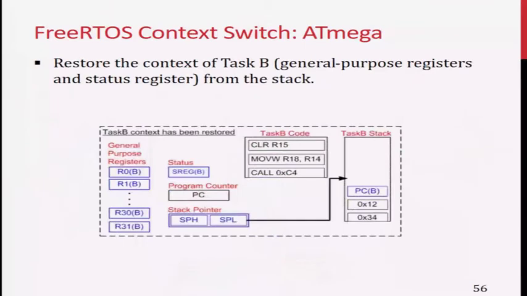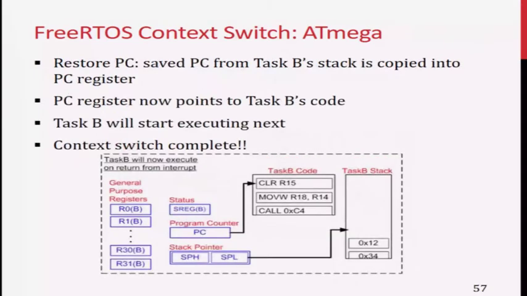That allows me to restore the context of task B from the task B stack space and resume operation. Basically, it will make a switch, and now the program counter will point to task B code, and task B will start executing. So this is the whole concept of context switch between one task and another task.